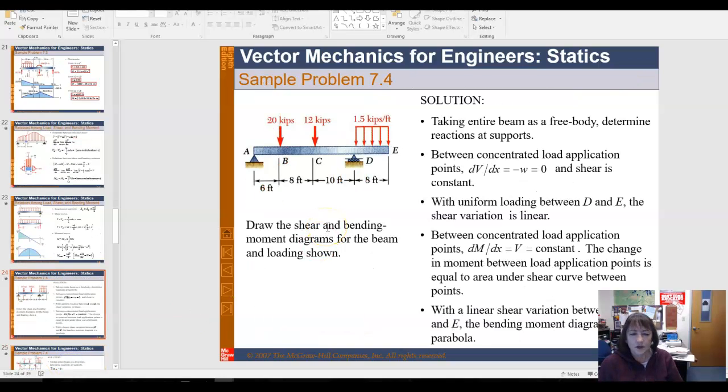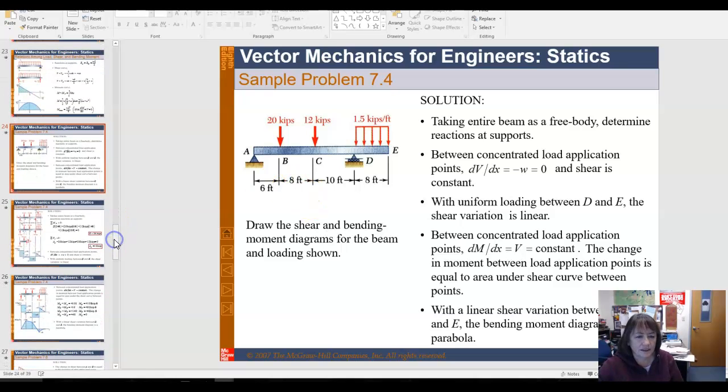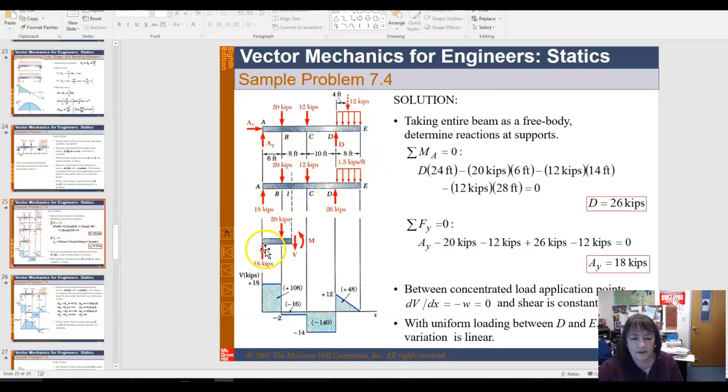All right, so here's just an example of using this material to solve this type of problem, where we have 2 point loads and a distributed load, an overhanging beam, and 2 supports. We can start by doing our moments and finding the reactions at A and D. And then we can do dV/dx equals negative w, or the mathematical equivalent, dV equals negative w dx, and then integrate both sides.